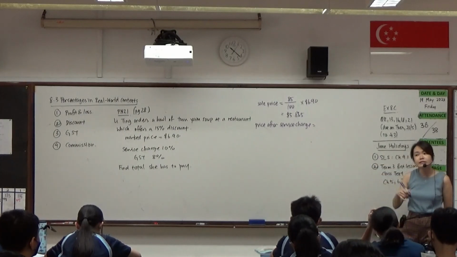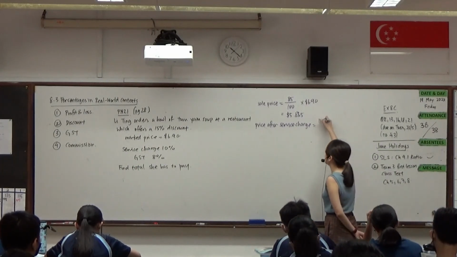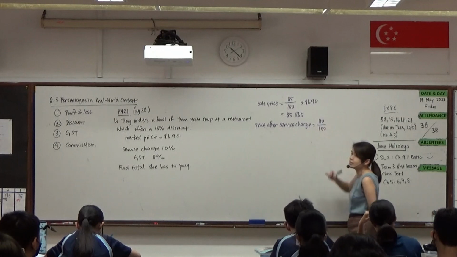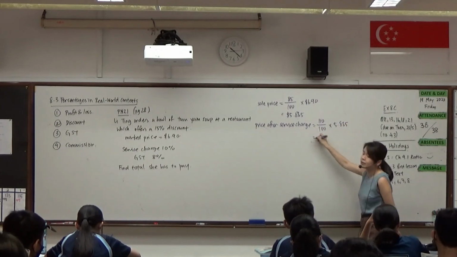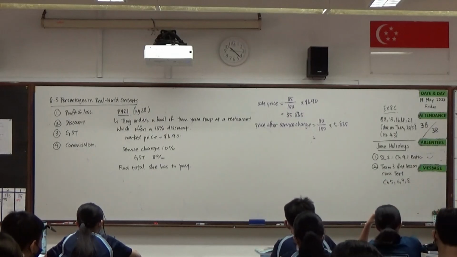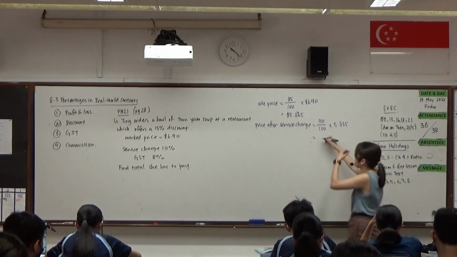Including service charge, that will be 10%. That means a total of 110% times your 5.865, and we will get 6.4515.